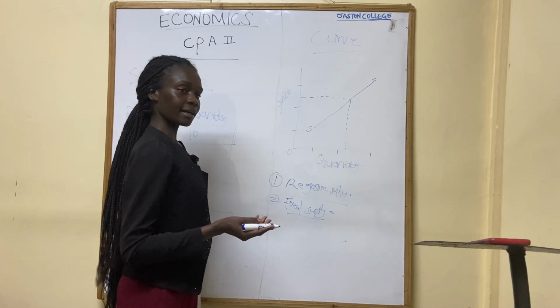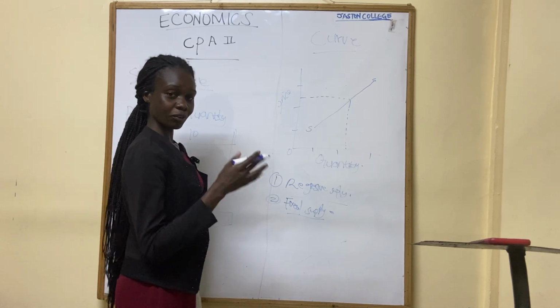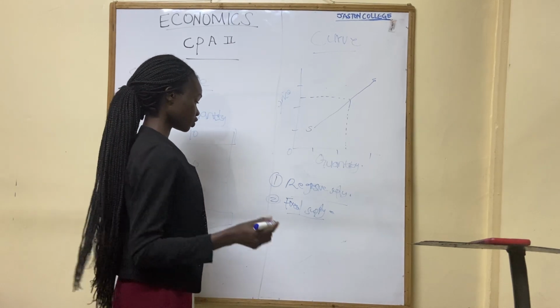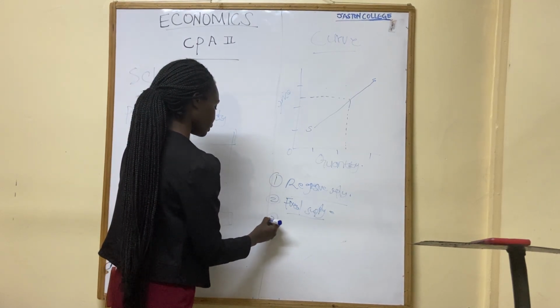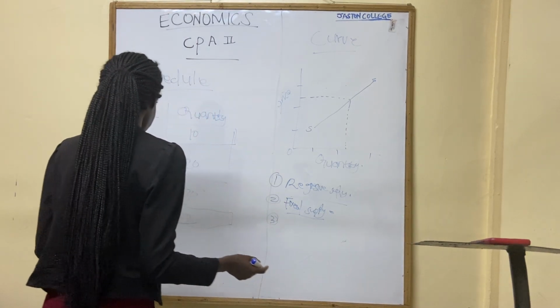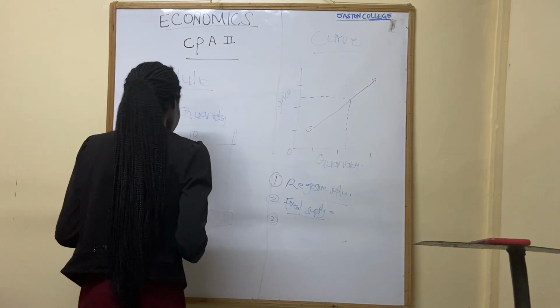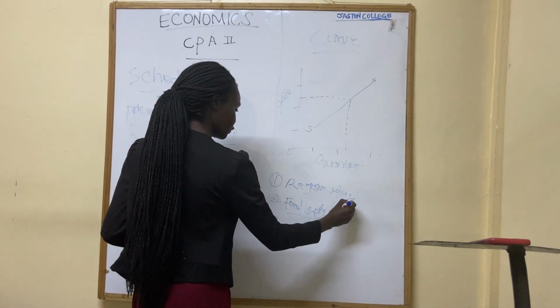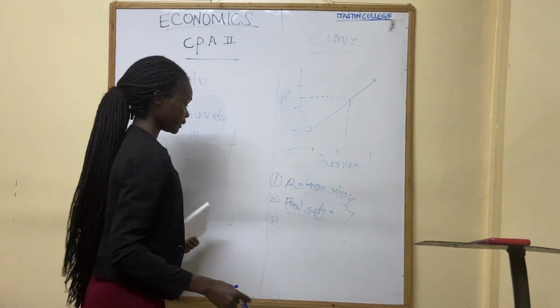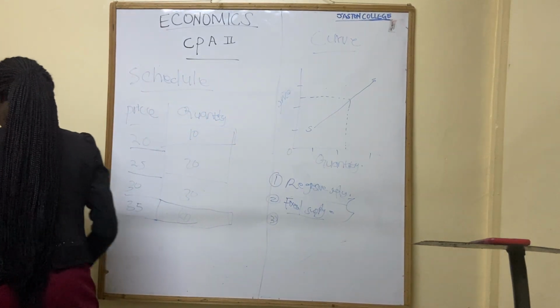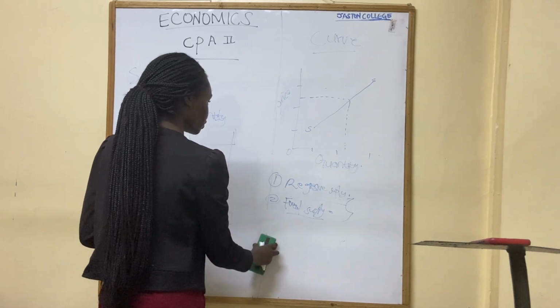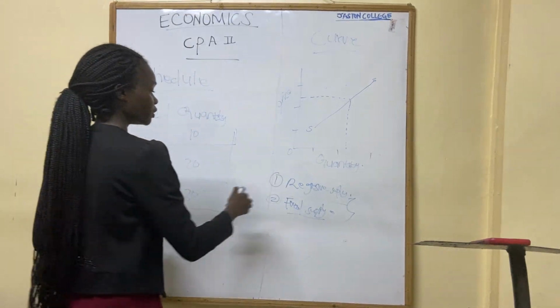If the price goes up or downwards, the supply is constant to the market. We only have two, so we are done with the terminology so far.